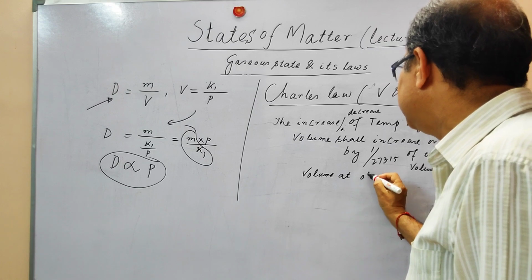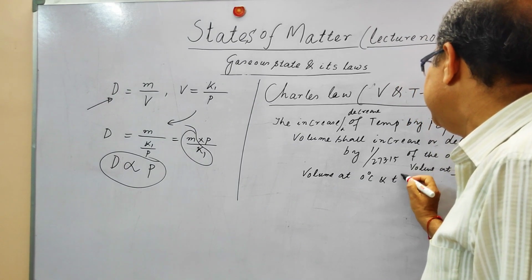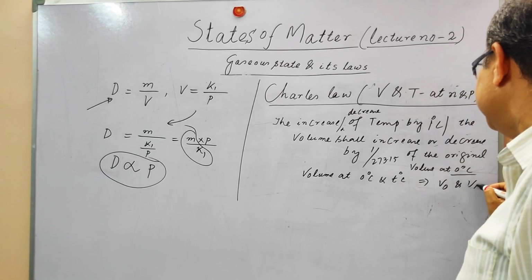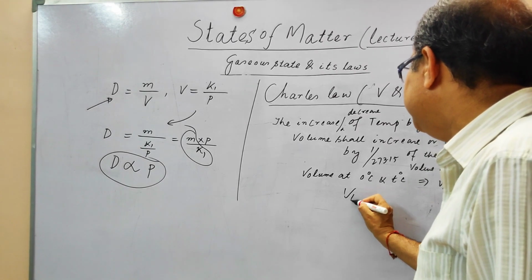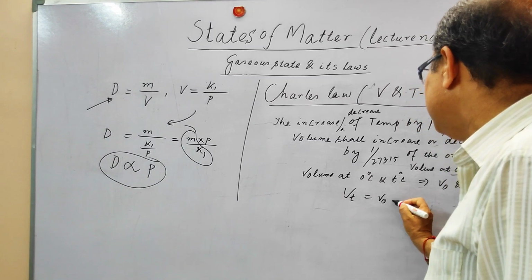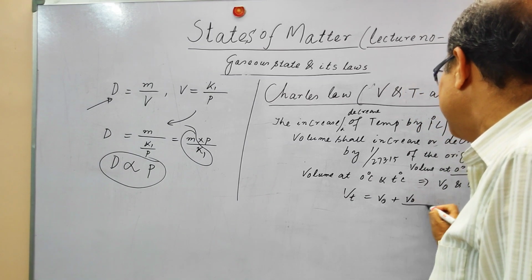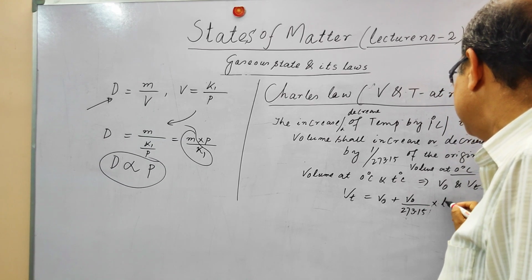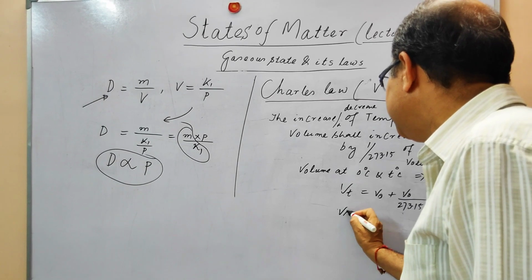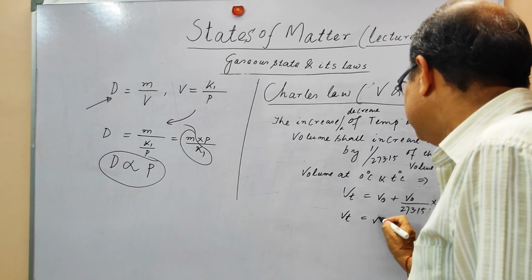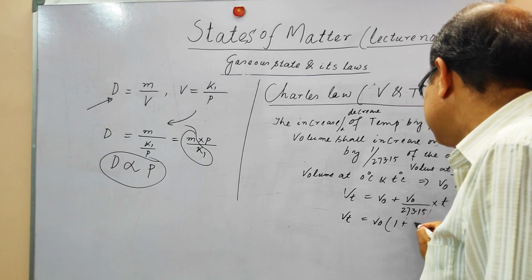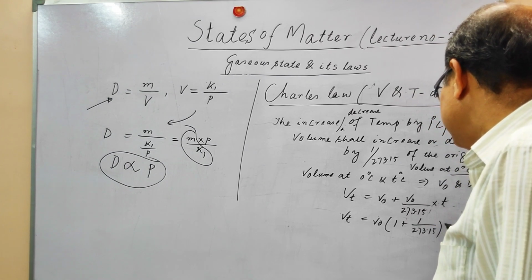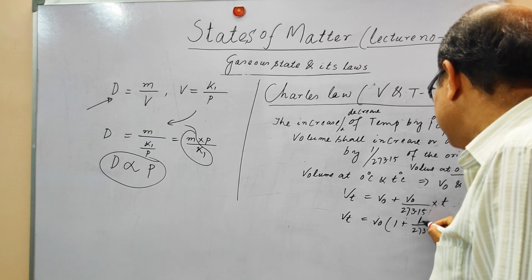Suppose the volume at 0 degree Celsius and t degree Celsius is given by V0 and Vt. So we can write Vt is equal to V0 plus V0 by 273.15 into t. So we can write Vt is equal to V0 into 1 plus 1 by 273.15 into t.